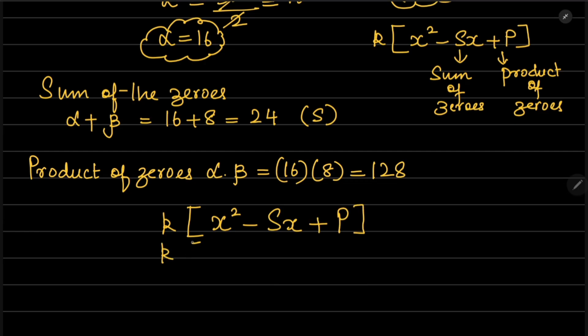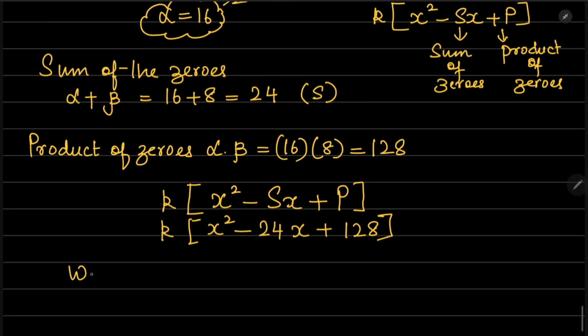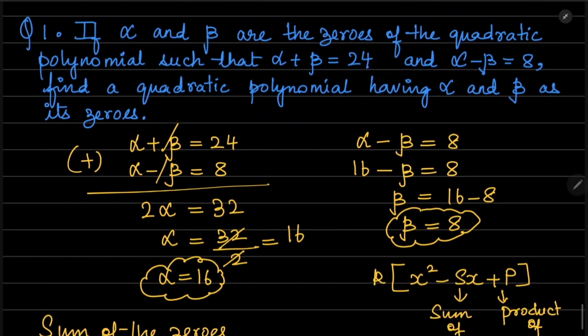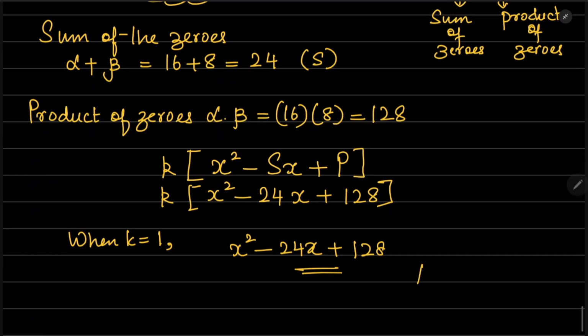So k multiplied by x square minus the sum, which is 24, 24x plus 128. This is your quadratic polynomial. By default, when k is equal to 1, the polynomial is x square minus 24x plus 128. This is your required polynomial, which has both alpha and beta as its zeros. So this is your final answer.